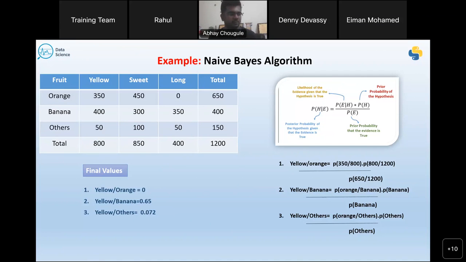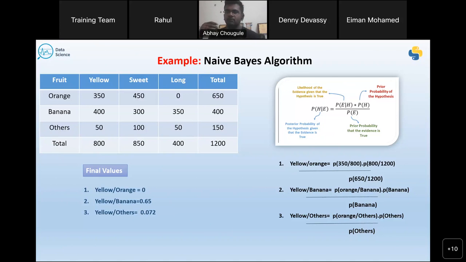Because the next time, if you go for the examples with a new batch, then each and every data point and each and every category works with everyone. Orange is one, and you're going to predict orange, banana, or others. So then you are going to ask about yellow, sweet, and long.